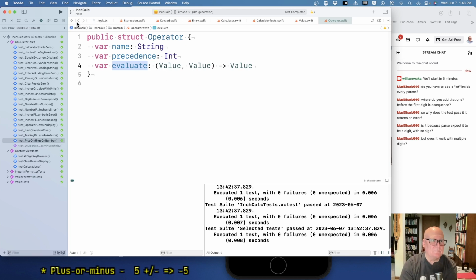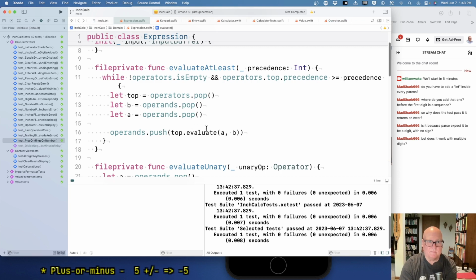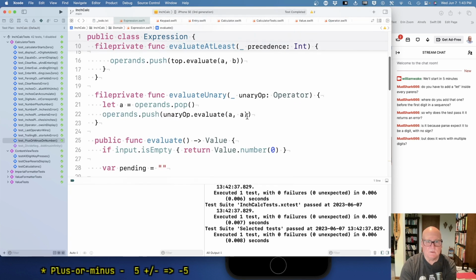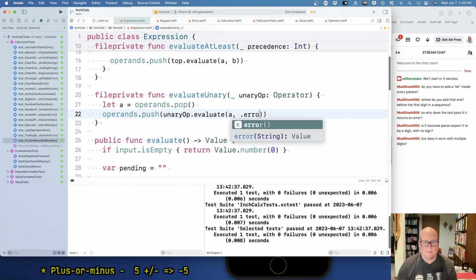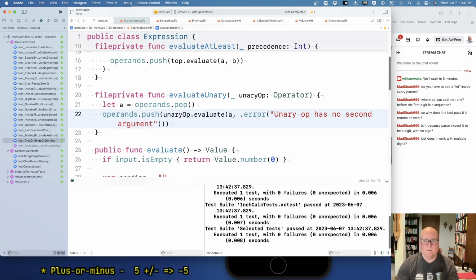Because that would actually be more likely to trigger something. That shouldn't trigger. Maybe I could just say unary, second argument. Yeah, I think this is okay.